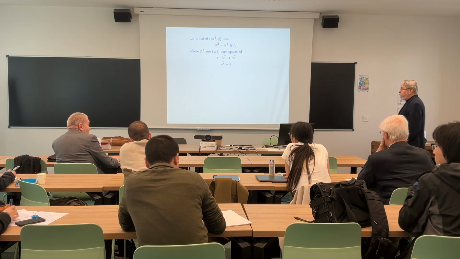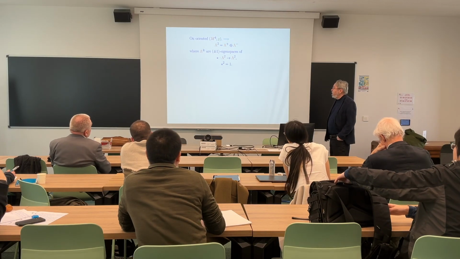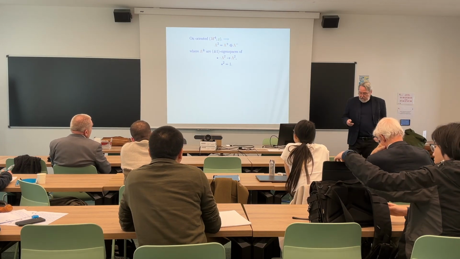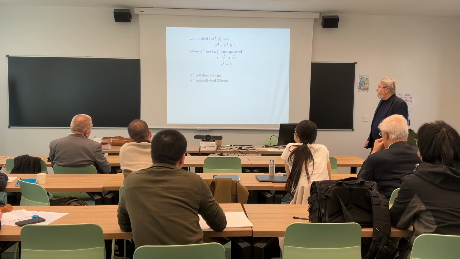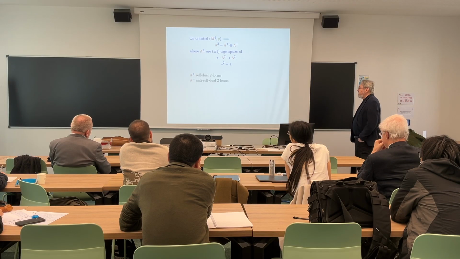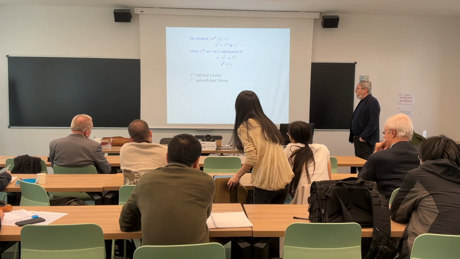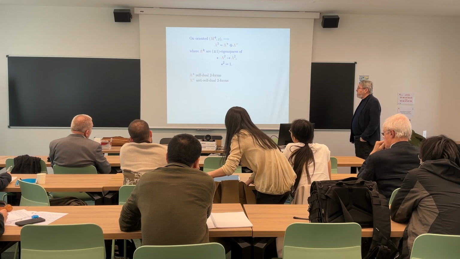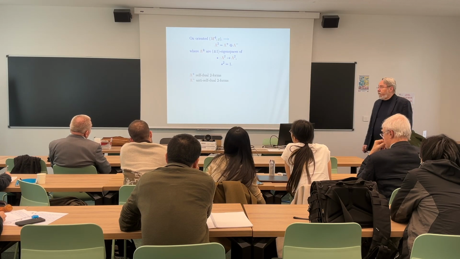Namely, these are the eigenspaces of the Hodge star operator, and the eigenvalues that occur are plus and minus 1. The forms that are sent to themselves by the Hodge star are called self-dual two-forms, and the ones that are sent to minus themselves by the Hodge star are called anti-self-dual two-forms.